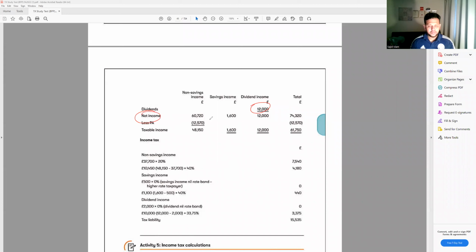My net income, if we add these three, is 74,320. This is less than 100,000, so no problem with the personal allowance. We get the full personal allowance, 12,570. So we have a taxable income of 48,150 plus 16 plus 12,000, 61,750. We need to calculate the tax on this amount.